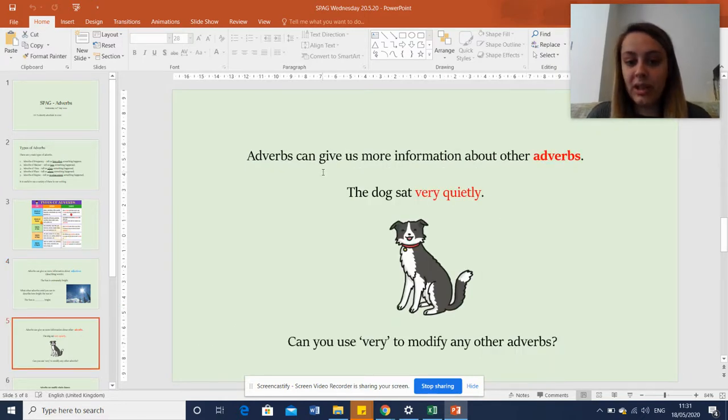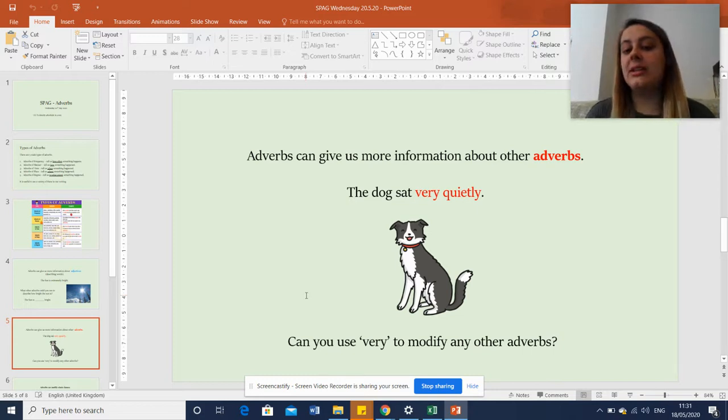But adverbs can give us more information about other adverbs, if you remember me talking about that yesterday. So instead of saying the dog sat quietly, you could have the dog sat very quietly. So can you use very to modify any other adverbs? So maybe you could have the cat pounced carefully.